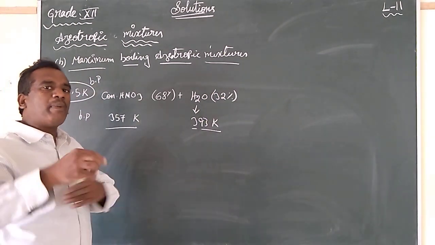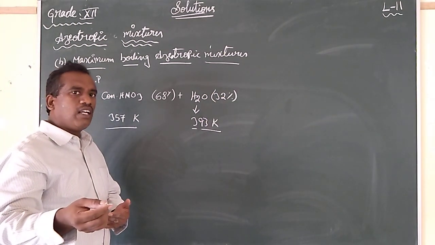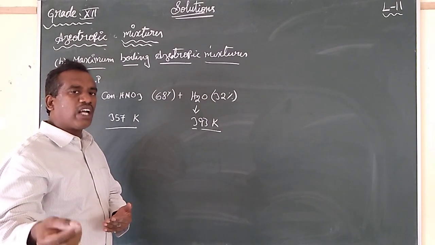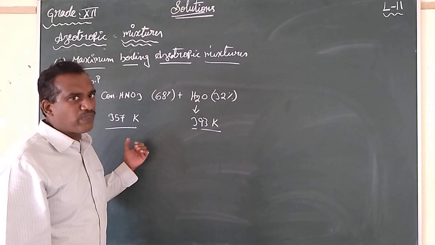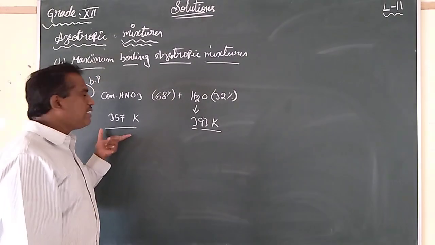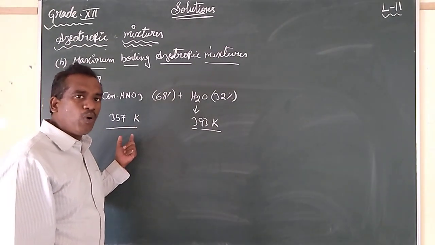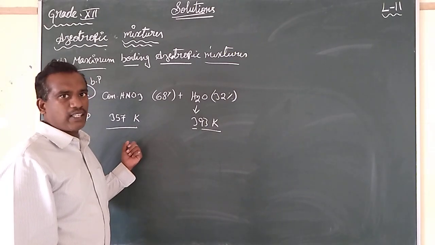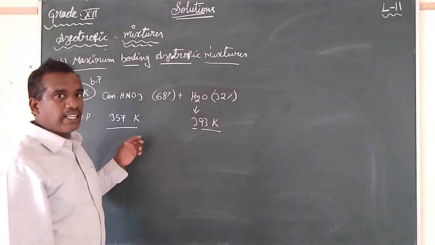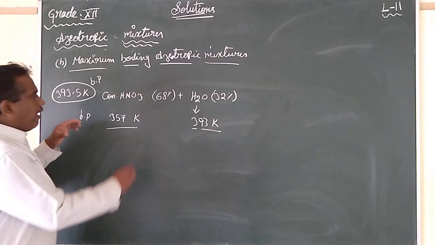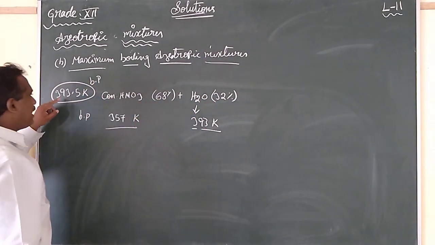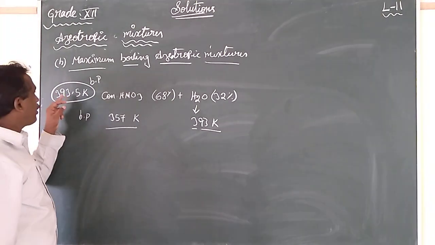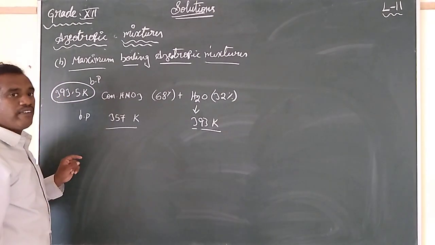So which will evaporate fast? The one having the lower boiling point will evaporate fast. So we say this will have more vapor pressure. But the point is, when these both are mixed at this composition, they have a boiling point of 393.5 Kelvin.